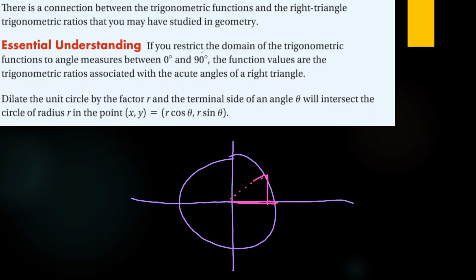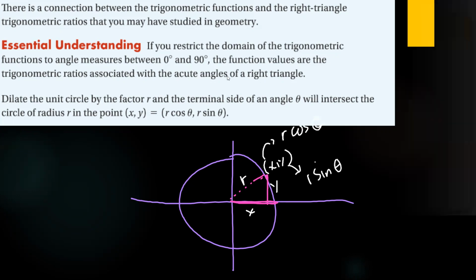This R will be the radius of the circle. Since this point has coordinates X and Y, this will be X and this will be Y. From here we can find that X is R cosine theta and Y is R sine theta.